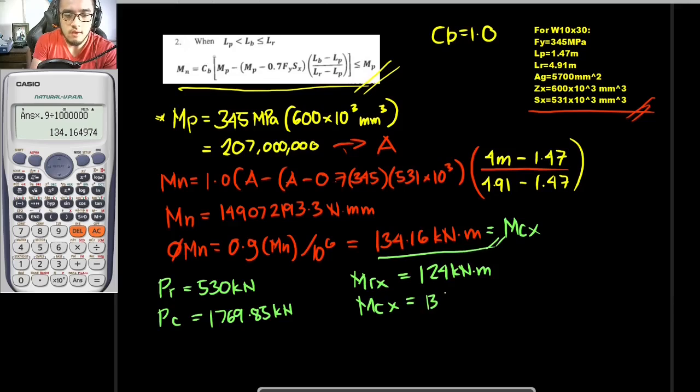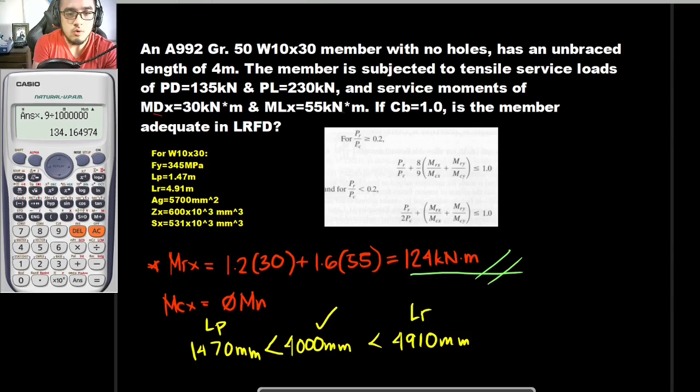And since our ratio for Pr and Pc is less than 0.2, we would be making use once again of this ratio right here. Oh, by the way, it is greater than 0.2.